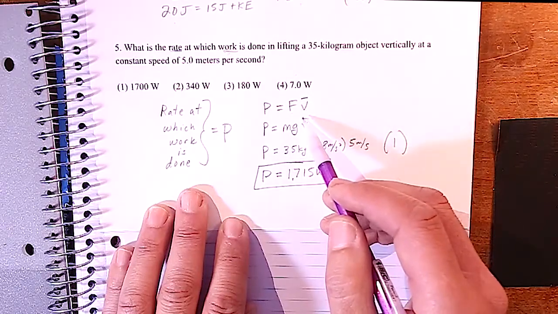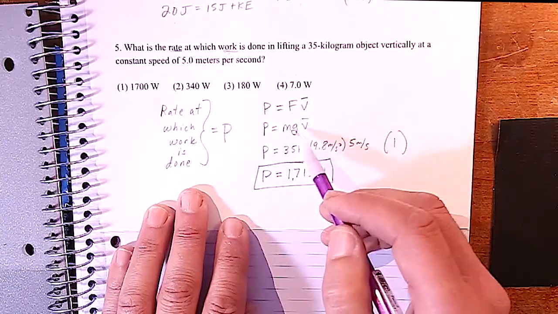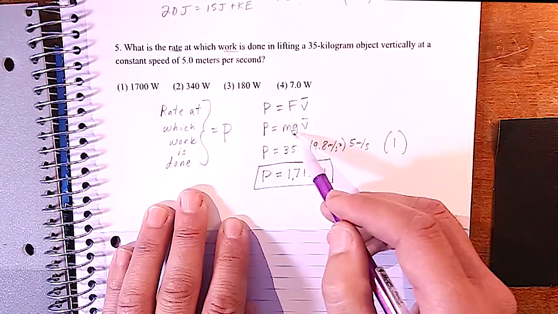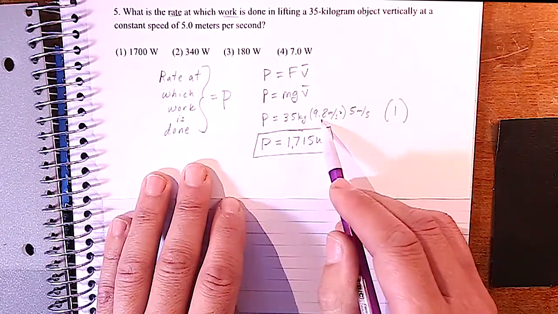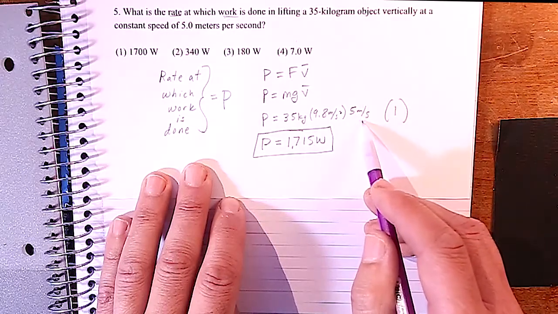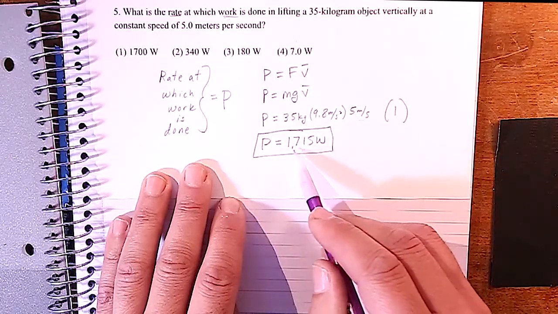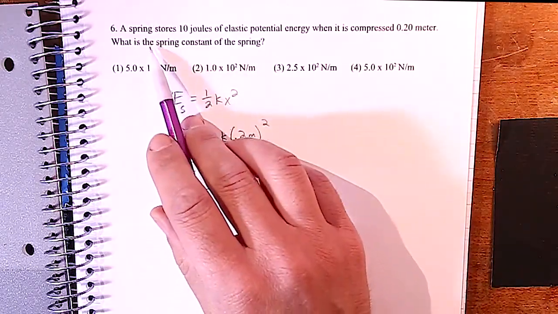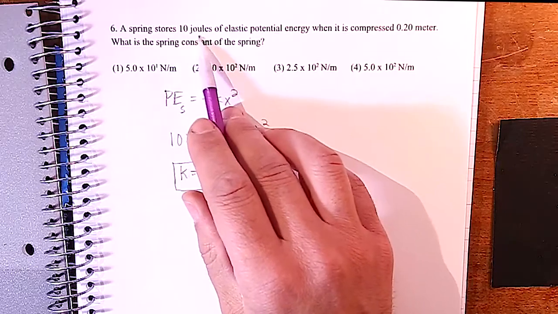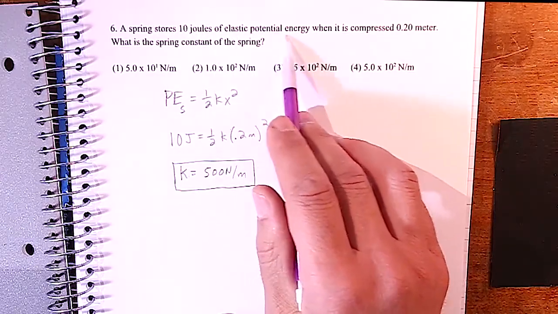Well, the force to lift an object at a constant velocity is equal to its weight. So we can just put in mg for its weight, 35 times 9.8, multiplied by that constant velocity of 5, gives us 1,715 watts.